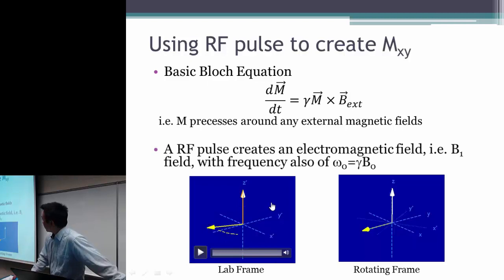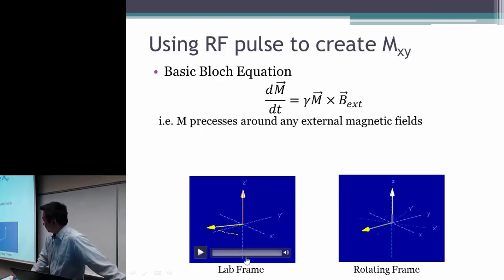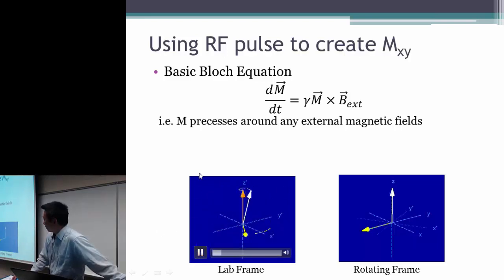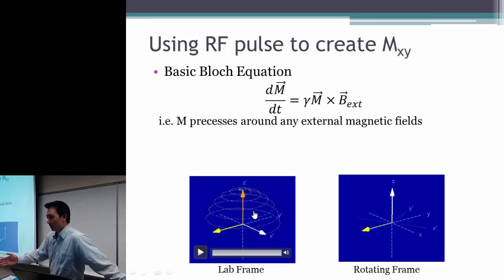As we have shown before, if we use a laboratory frame, we will be observing a very complicated precession of the magnetization from the equilibrium when it sees the RF pulse. It will have the tip down effect from the longitudinal to the transverse plane. But in the meantime, because it has a component that is now perpendicular to the external field, that component will also have this precession motion.